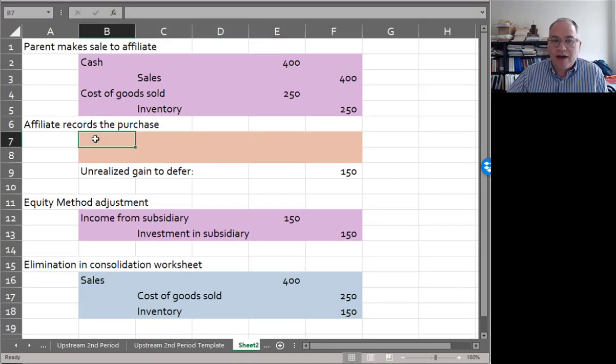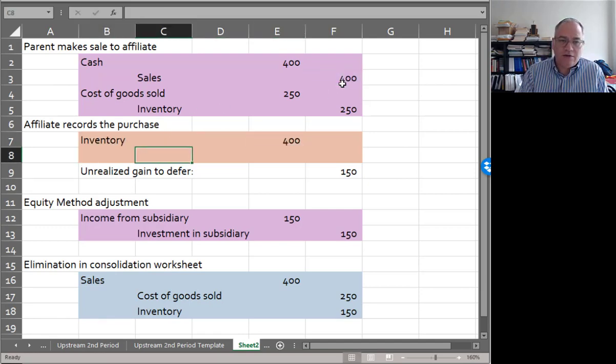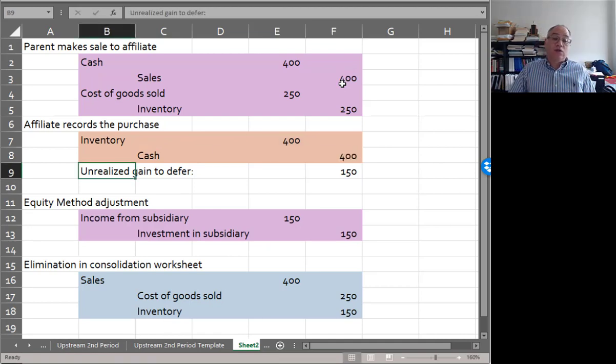That purchase by the affiliate would look like this: debit inventory for $400 and credit, let's say, cash for $400. So right now the inventory is sitting on the books of the sub for $400, whereas it really only cost $250.